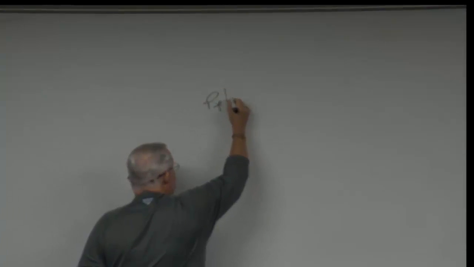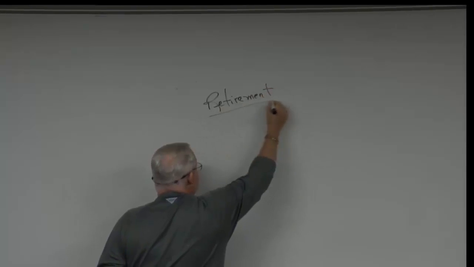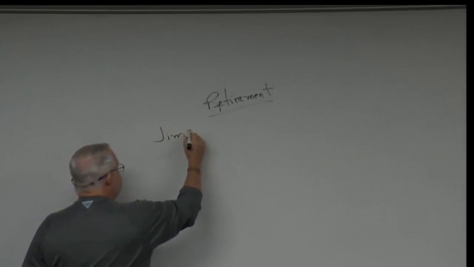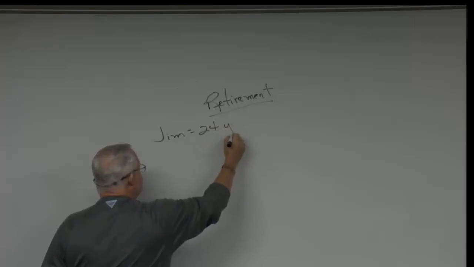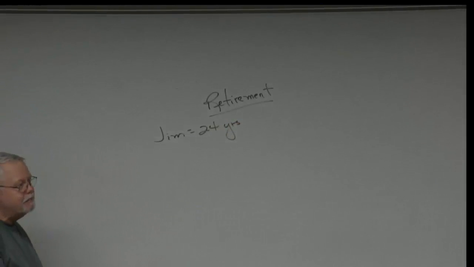Before we run out of time, I want to show you what I think of as the premier problem for time value of money. And I call it the retirement problem. Not because I am old, although that is very much on my mind, but the retirement problem. And so we got Jim here, and Jim is 24 years old. And Jim's sitting around thinking about the long-term future.